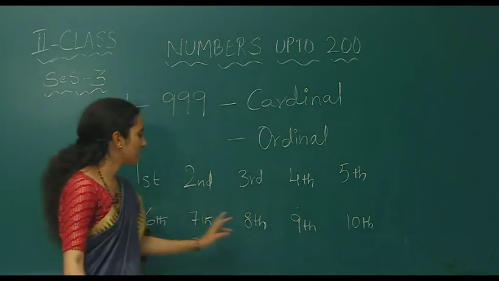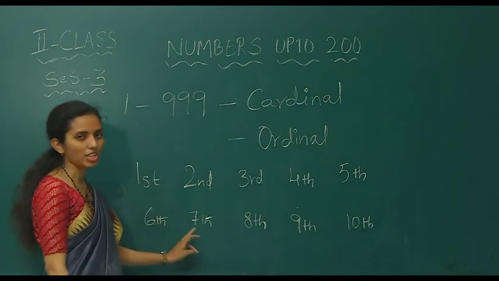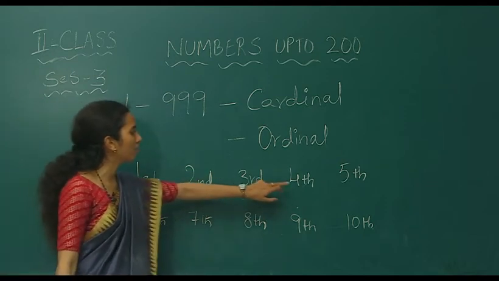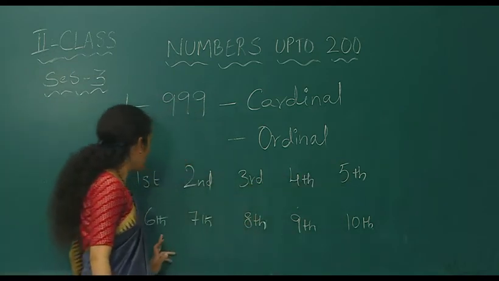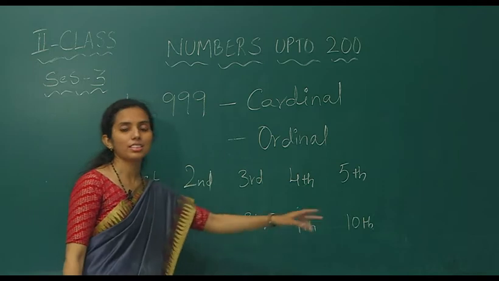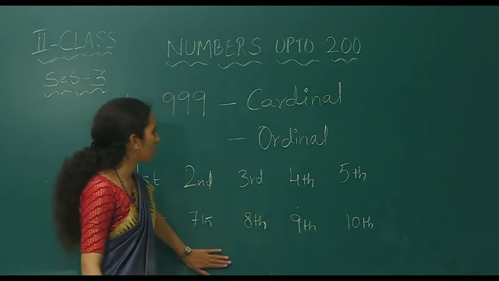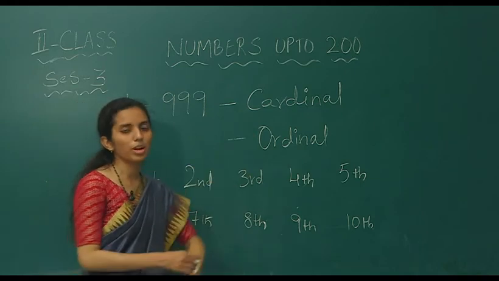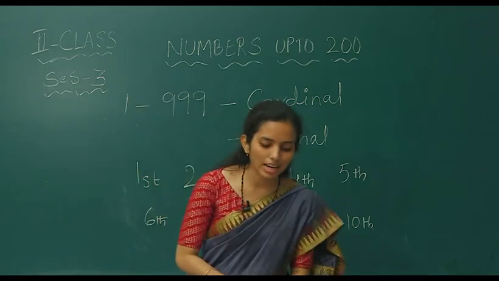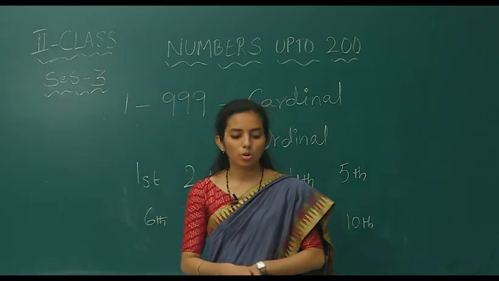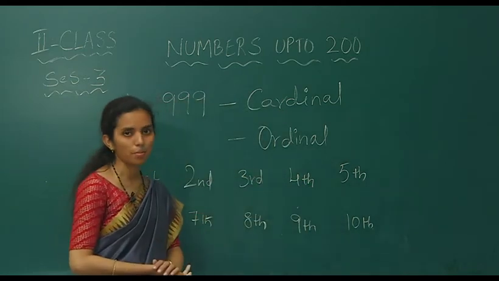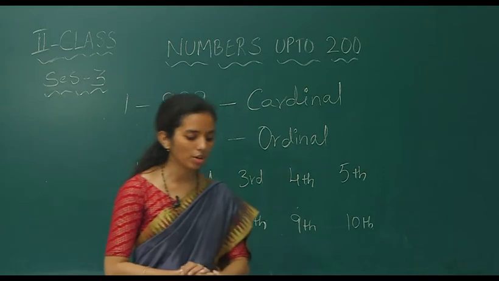These numbers, which end with TH, we pronounce as first, second, third, fourth, fifth, sixth, seventh, eighth, ninth, 10th. These numbers are called ordinal numbers, and the numbers which we use regularly are called cardinal numbers.